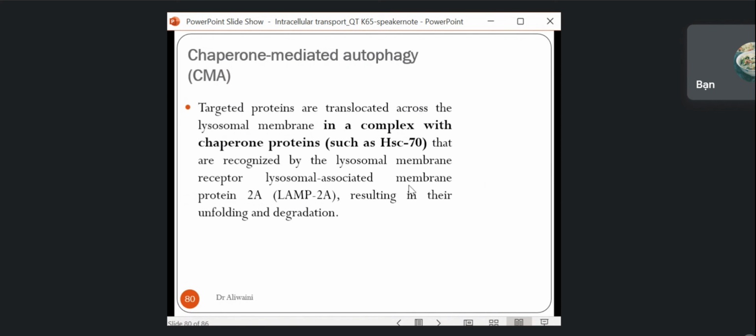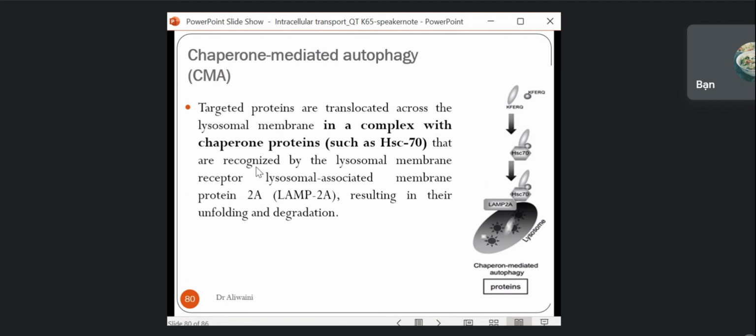Chaperone-mediated autophagy is somewhat similar to microautophagy, but in a selective way. The targeted proteins are translocated across the lysosomal membrane in a complex with a chaperone protein, such as HSC70.